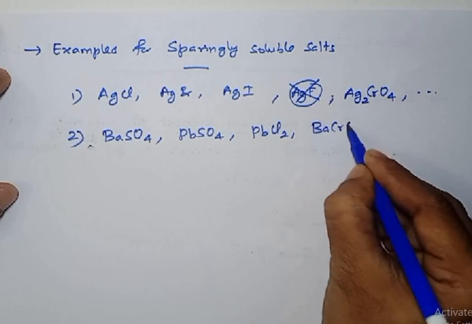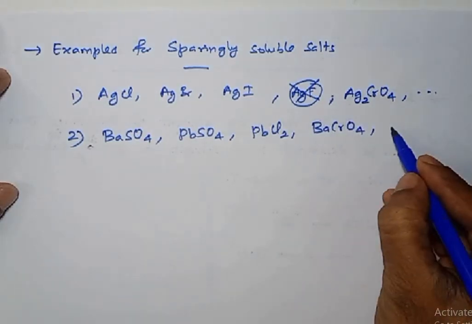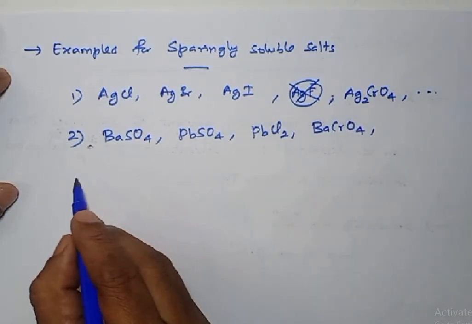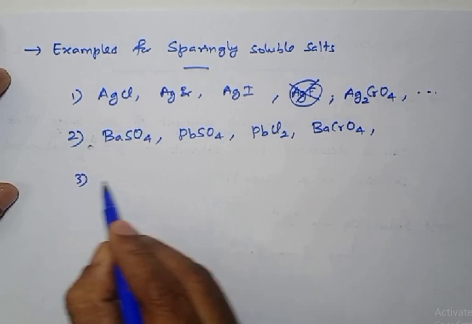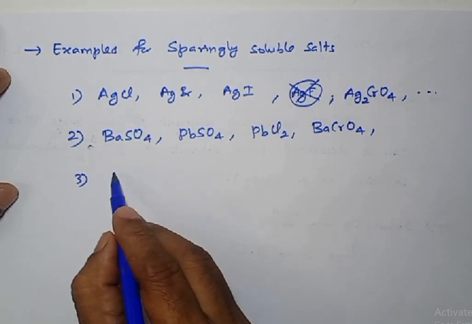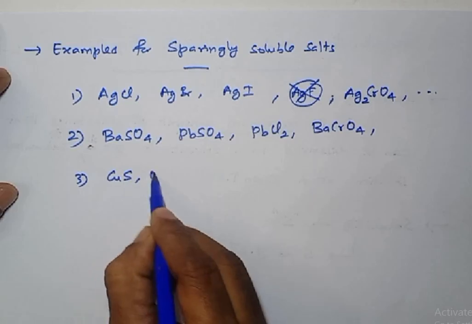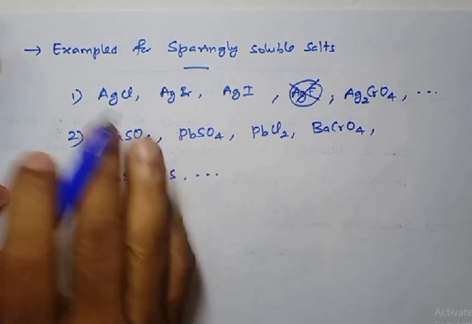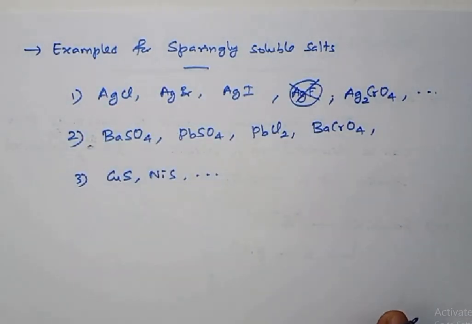Then we have examples like copper sulfide, nickel sulfide, etc. There are plenty of examples available for sparingly soluble salts. I have given a few examples here. That's all.